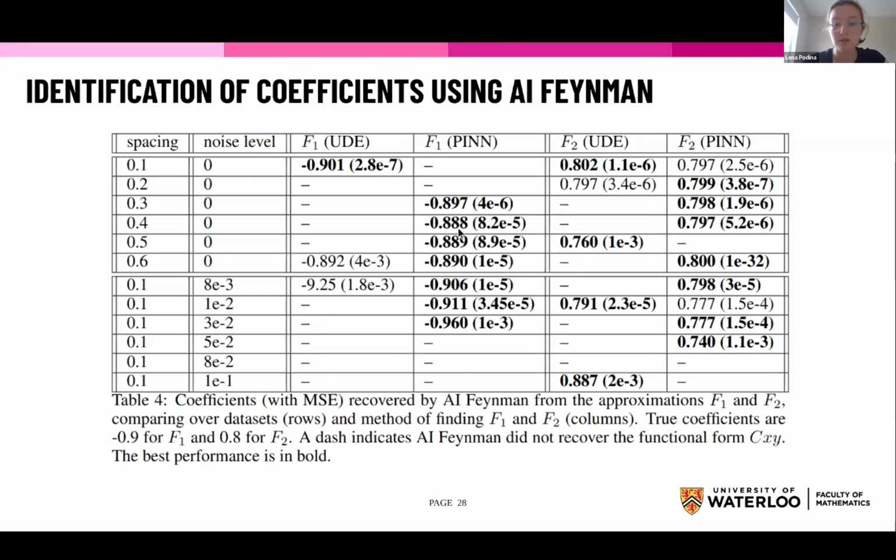If we look at the results from AI Feynman, we're able to recover the coefficient fairly well in a lot of cases when we do it on the approximation from the UPINN method. And dashes represent scenarios where the symbolic regression was not able to recover the correct functional form. So there's a lot of test cases here where it wasn't able to do it for UDEs, but it was able to recover the coefficient to a high degree of accuracy for UPINNs.